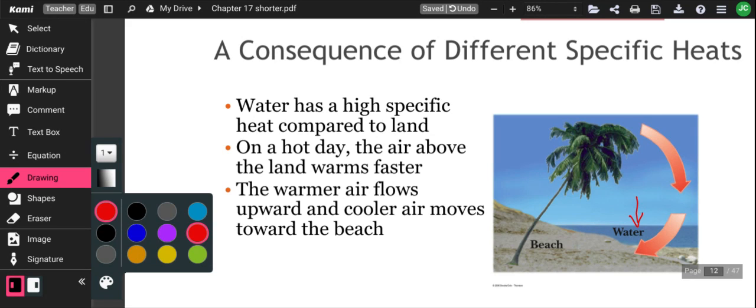The amount of energy to raise the air temperature is much, much lower than the amount of energy required to raise water. It takes 4,180 joules of energy to raise 1 kilogram of water 1 degree Celsius. Just imagine all the water in the ocean and how much energy we have to put into that to heat up the water.